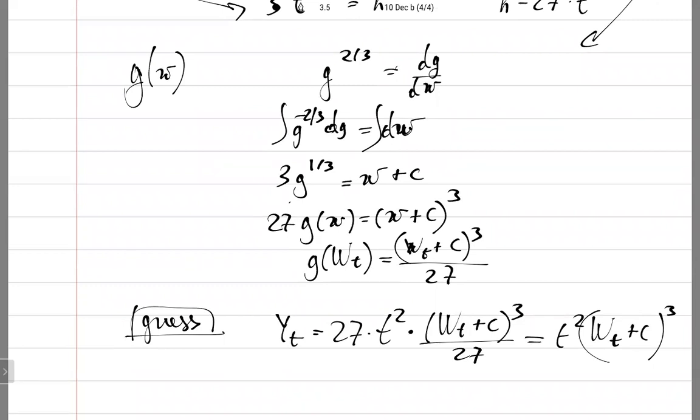Why is it a guess? Because we have completely ignored the first equation. We see that the second one is satisfied, but we need to check whether the first equation is satisfied. We have not proven that it's a final answer, because maybe the answer is there are no solutions. Do you mean there are no solutions of this type? Yeah, exactly.